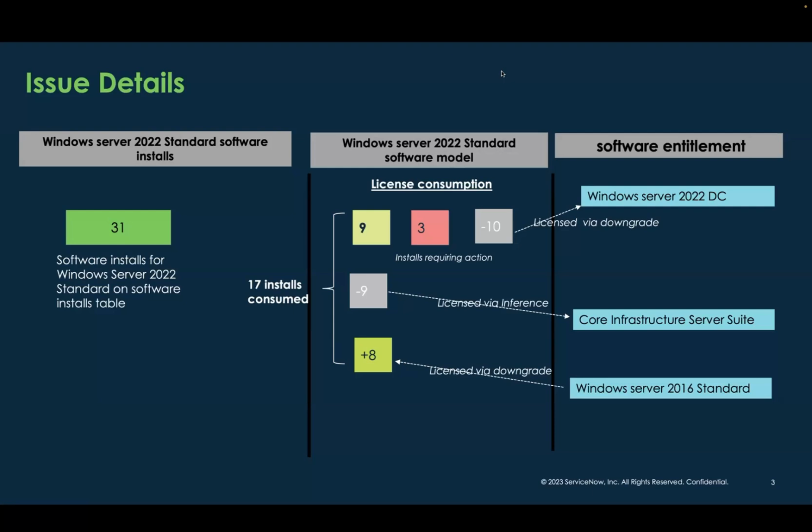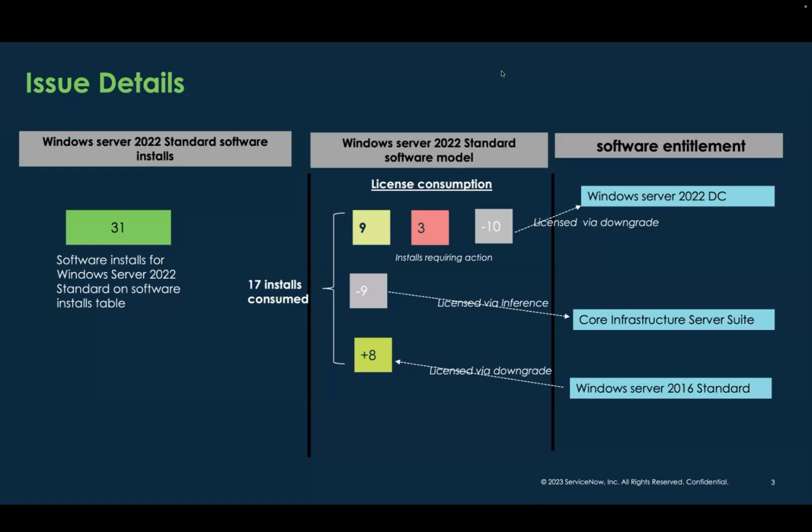So overall, you can see that 17 installs have been licensed. Out of them, 9 are for 2022 standard and 8 are of Windows 2016 standard on this entitlement. Whereas 3 have got some issues and 10 have been licensed by Windows Server 2022 Data Center and 9 have been licensed by Core Infrastructure Service Suite.